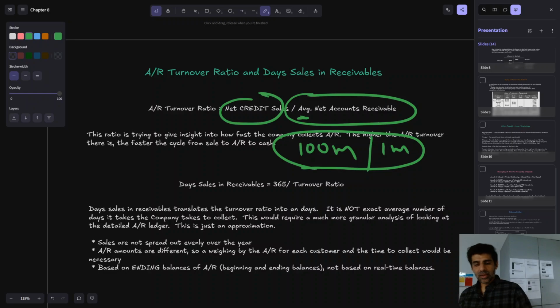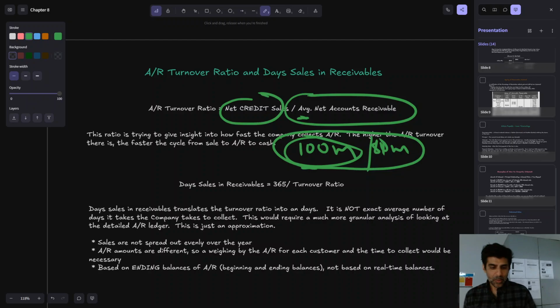Okay, and then the opposite is, let's say you had $80 million in accounts receivable. That means you're still lingering, right? You made a bunch of credit sales, but a lot of that is still sticking around in accounts receivable. So your cash cycle is very long.